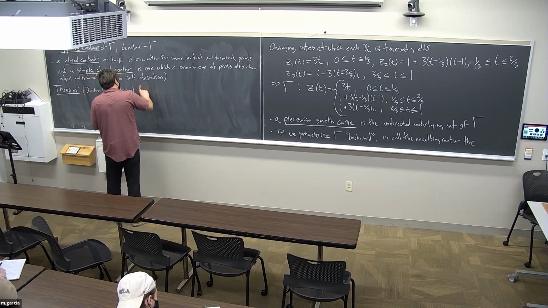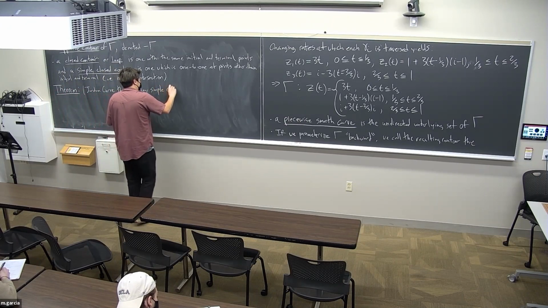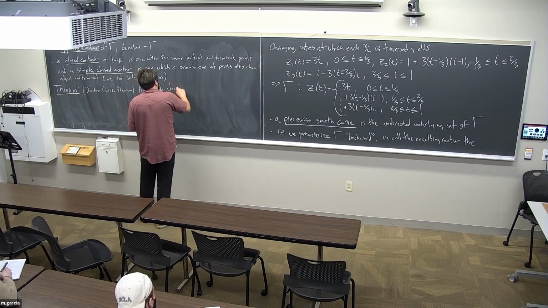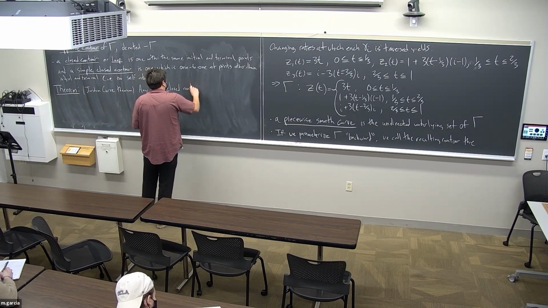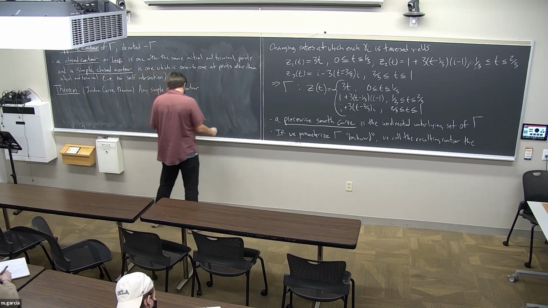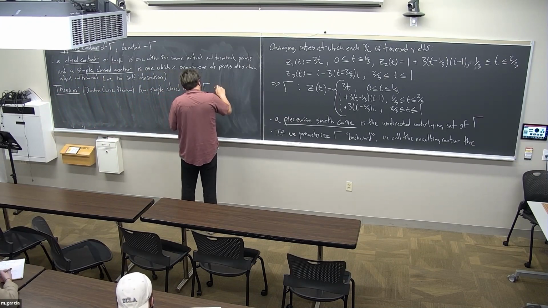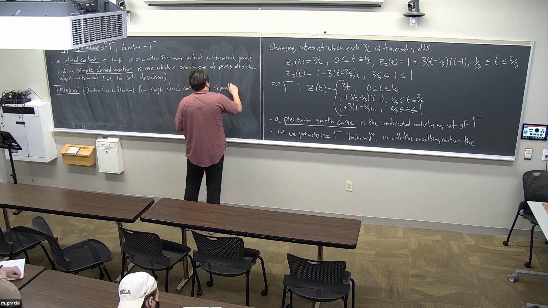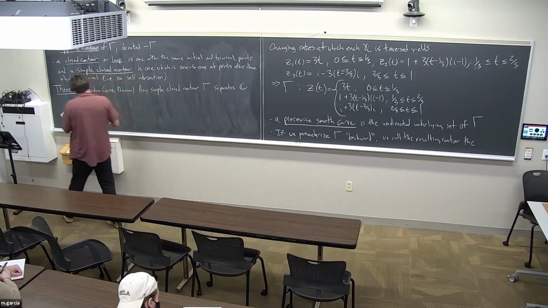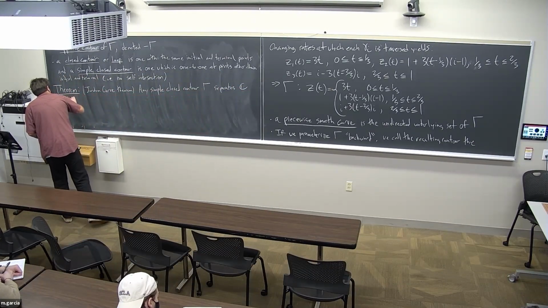Which says that any simple closed contour gamma separates C into two domains.